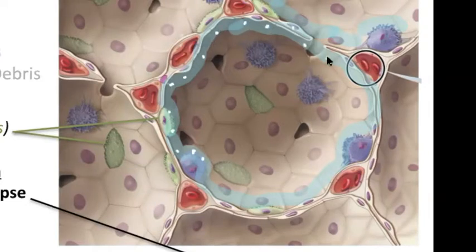right, within the fluid layer right here, which is going to reduce the surface tension, right? Kind of like soap bubbles in here that are going to prevent that stickiness of these layers to each other, right? So this is going to prevent alveolar collapse, right?